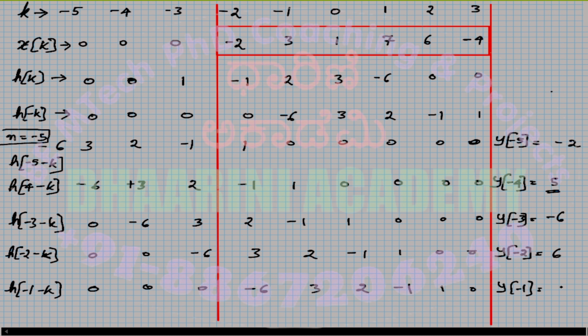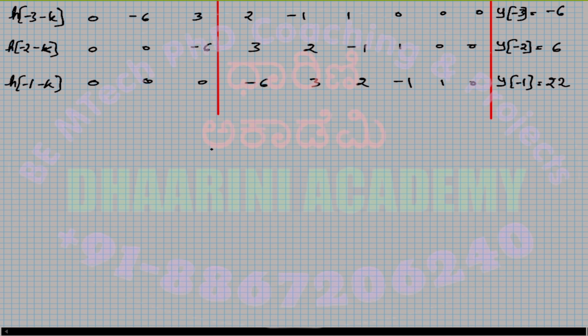So this comes to be 22. Then this is h of, now you see minus 1 becomes 0. This is simply h of minus k. Okay, so 0, 0, 0, minus 6, 3, 2, minus 1, and 1. So you will be able to calculate y of 0.